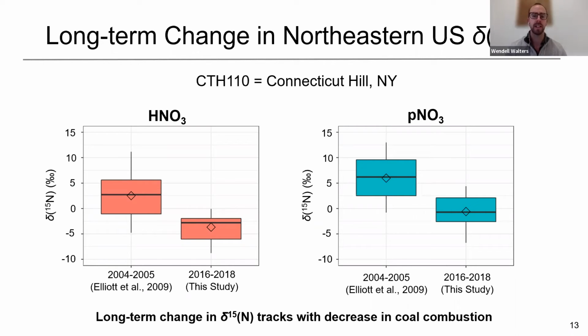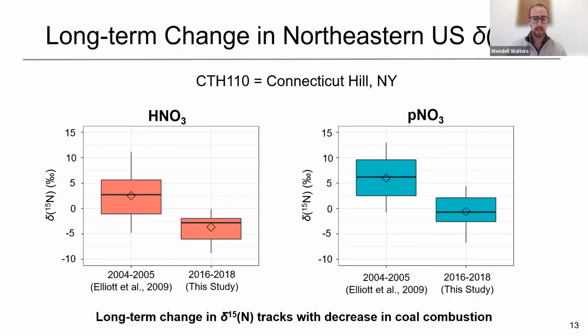So here I compared the delta 15N measurements at Connecticut Hill, New York, which was an overlapping study site in this work, as well as the work previously conducted by Elliott et al. from samples collected in the mid-2000s. For both nitric acid and particulate nitrate, we observed a long-term decrease in delta 15N, which likely reflects the decrease in coal combustion during this period.